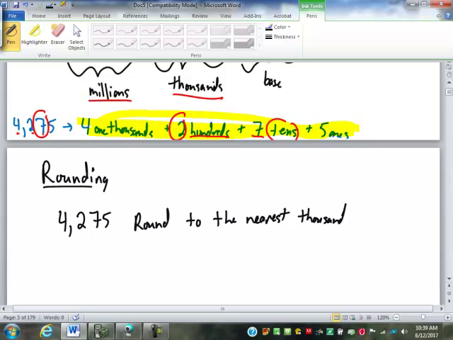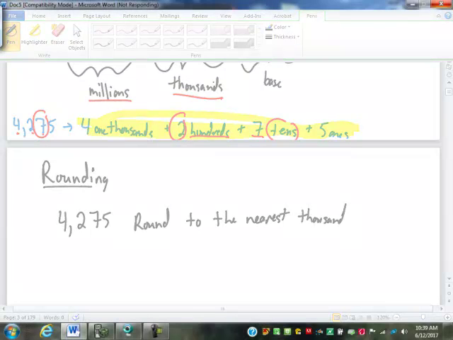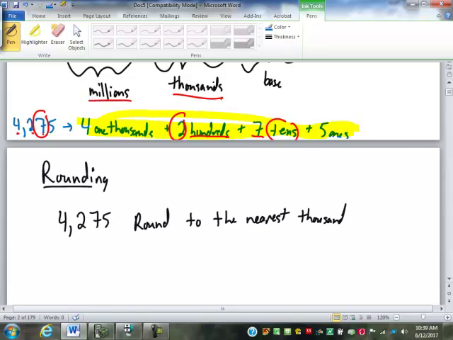Now, most of us know how to round. How would you go about doing it? Well, first you identify the number that's in the thousands place. What digit is in the thousands place here? 4. That's the thousands place. So rounding to the nearest 1,000 means we are going to cut it off after that digit.